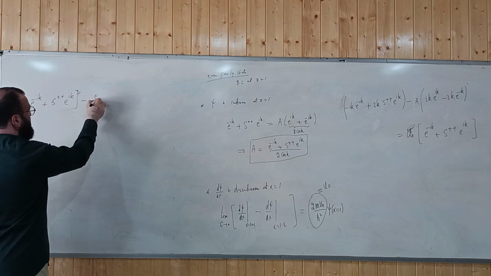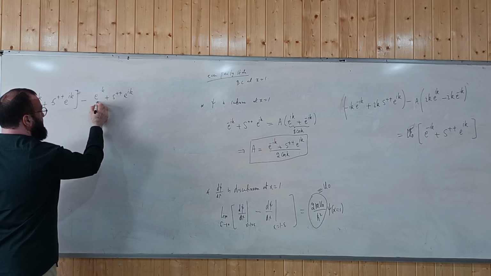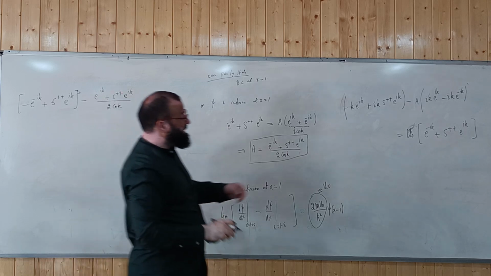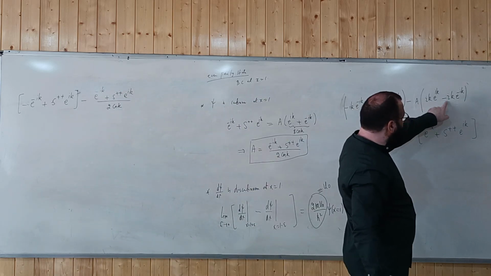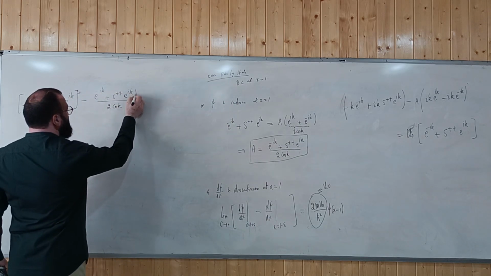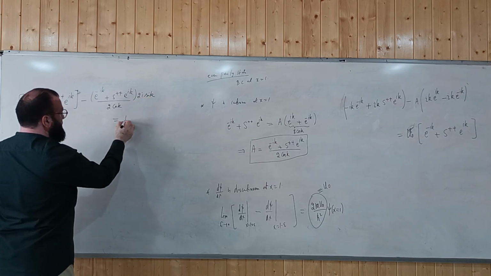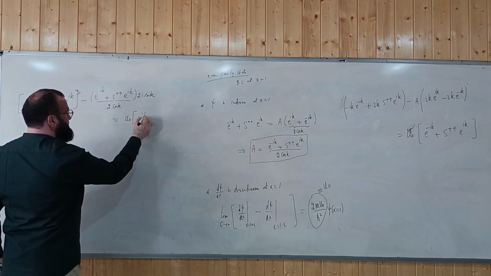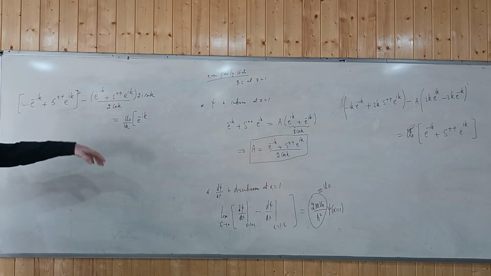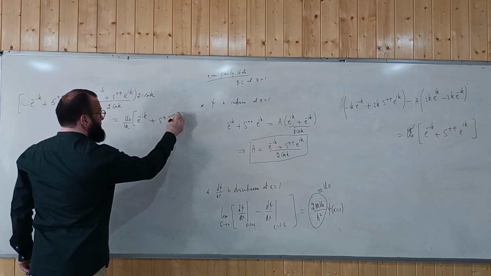What is a? e raised to minus i k plus s plus plus e raised to i k divided by twice cos k, multiplied by, once you take i k out, e raised to i k minus e raised to minus i k, that is twice i sine. So that's actually equal to twice i sine of k. That's equal to u naught e raised to minus i k. So I will divide this by i k, because once you take i k out, I have divided it on the other side, plus s plus plus e raised to i k.